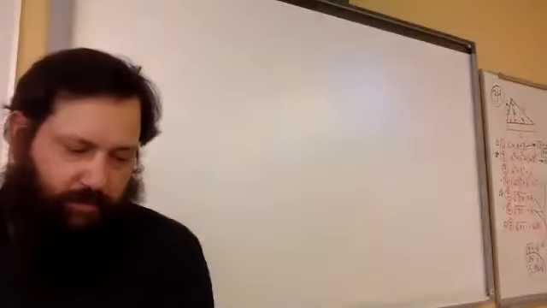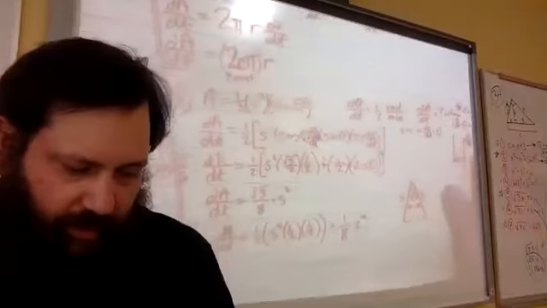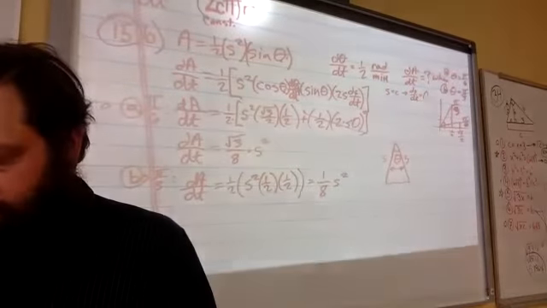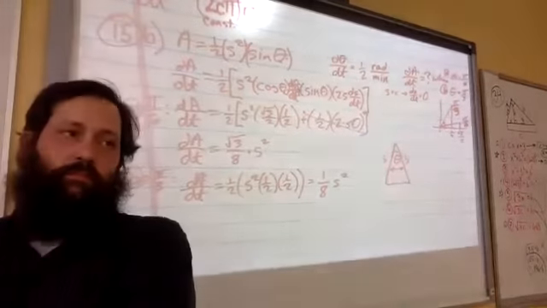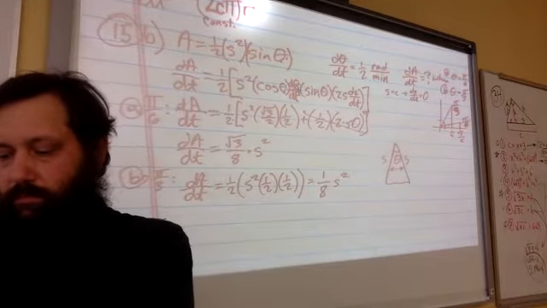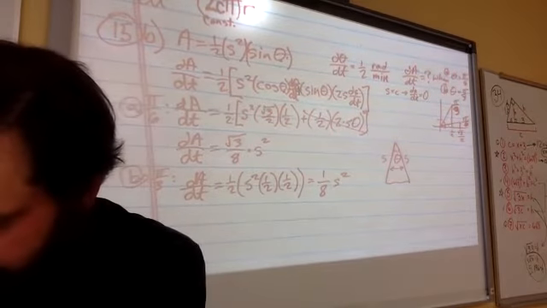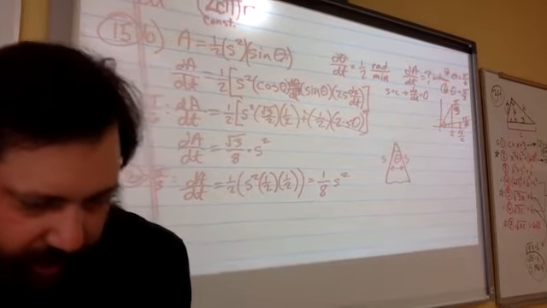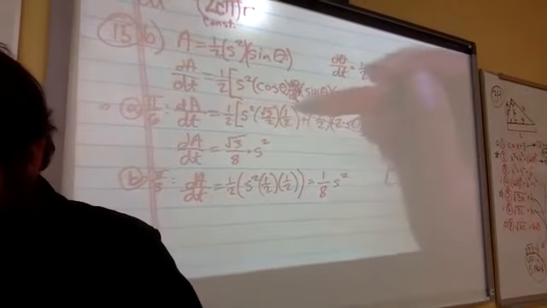Oh, we didn't do C, did we? Sorry. Explain why the rate of change of the area of the triangle is not constant, even though dθ/dt is constant. Because of the radius. It's the same thing with the circle. What changed?